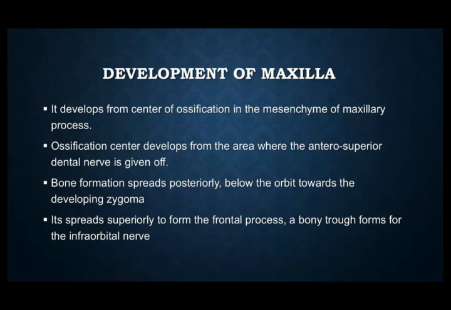Okay, what is a primary ossification center? It is basically the region in which the first bone is laid down, and from that bony structure the bone is going to grow in different directions.